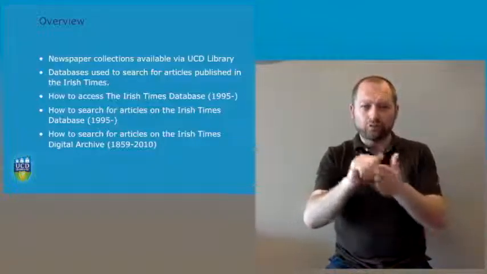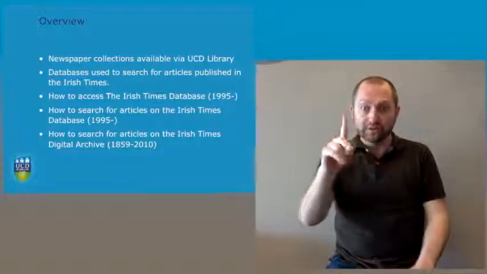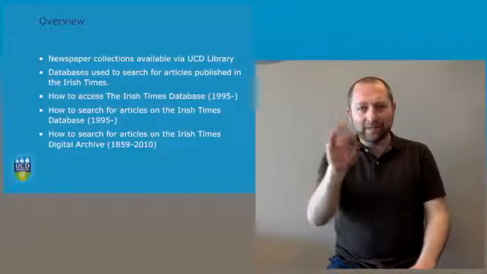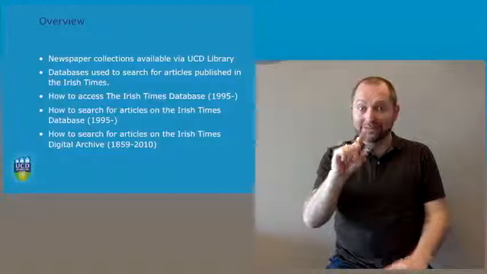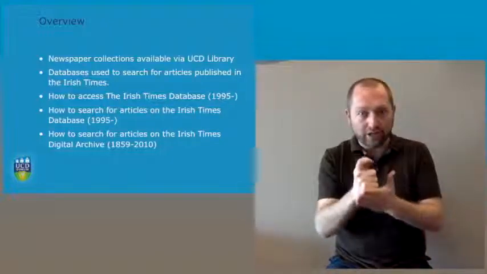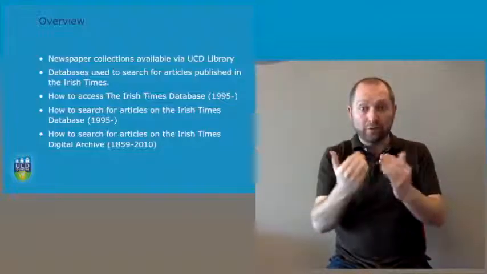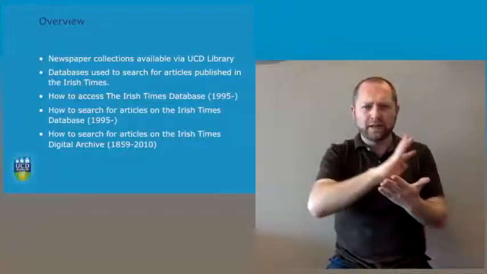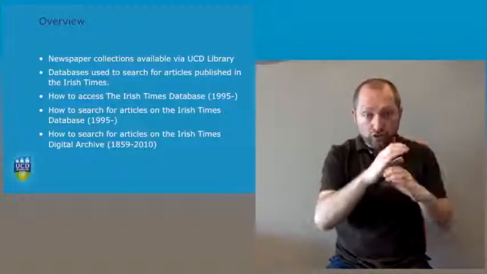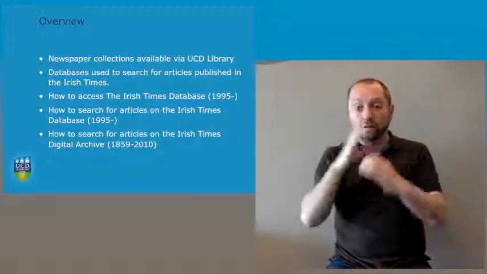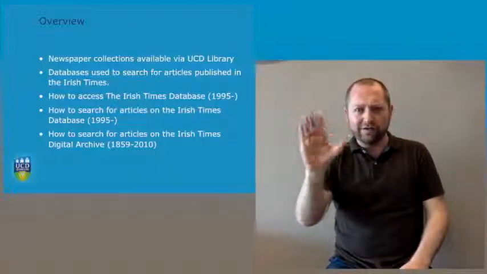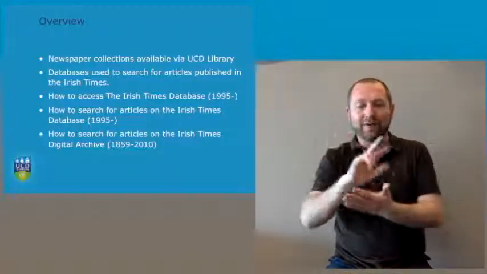We will look at the newspaper collections that are available via UCD Library, then the databases used to search for articles published specifically in the Irish Times, how we can access the Irish Times database, which contains articles published from 1995 until the present day, how to search for articles on the Irish Times database, and finally how to search for articles on the Irish Times digital archive, which covers 1859 to 2010.